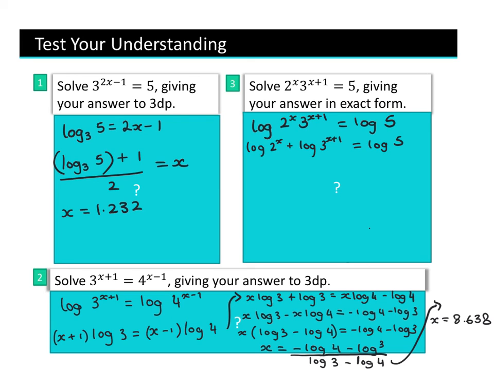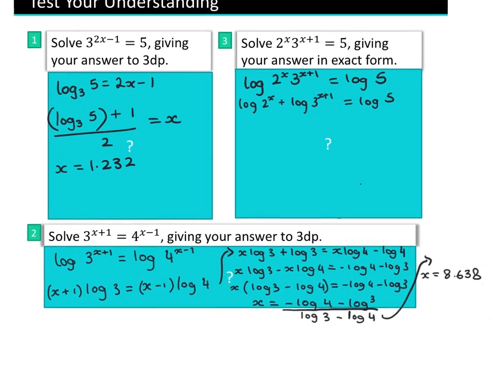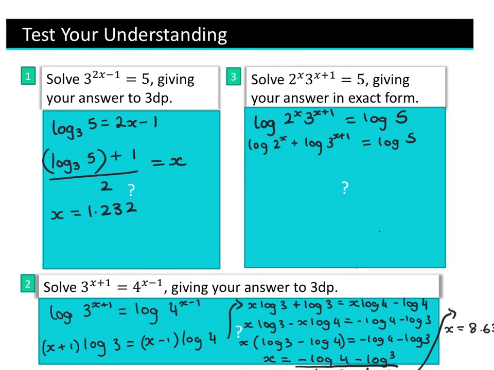Okay, I can now use the log law. Log of A to the power of B is the same as B log A. So I'm going to have x log 2 plus x plus 1 log 3 equals log 5. I'm going to expand and simplify. x log 2 plus x log 3 plus log 3 equals log 5.